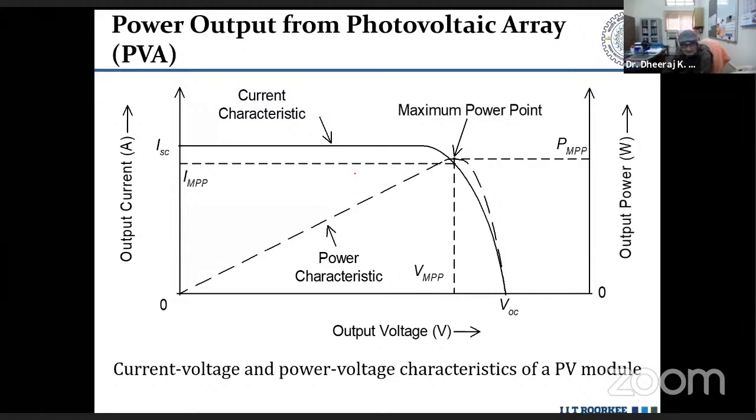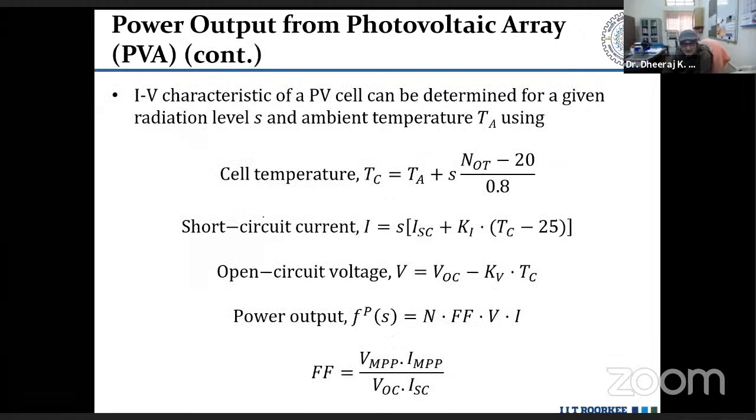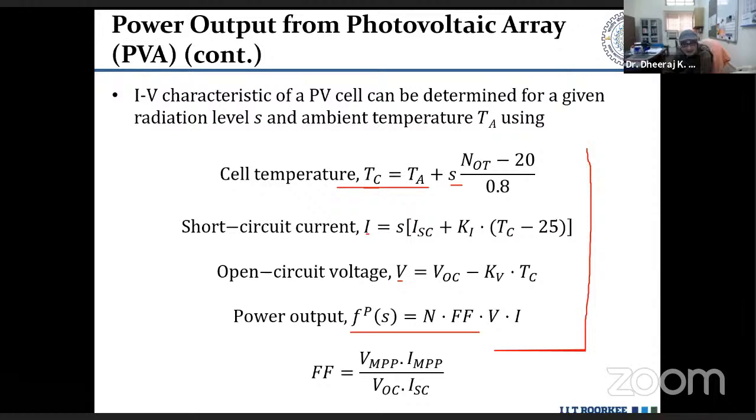At different operating conditions, the characteristic values may change. It will remain the same in shape, but the values may change. So how to obtain those values? For obtaining those values, we can use these equations. We can compute cell temperature for a given ambient temperature and solar radiation level. We can compute the corresponding short circuit current, the corresponding open circuit voltage, and finally power output.